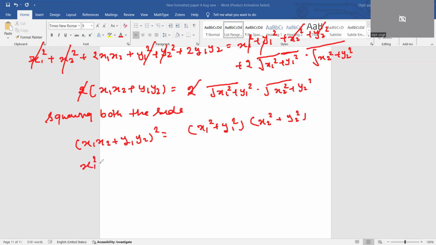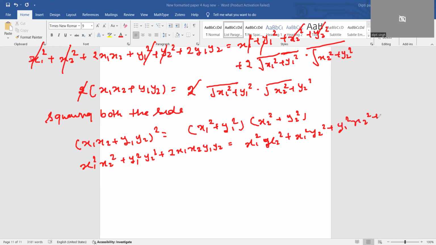So it will be x1 square x2 square plus y1 square y2 square plus 2x1 x2 y1 y2 equals x1 square x2 square plus x1 square y2 square plus y1 square x2 square plus y1 square y2 square.